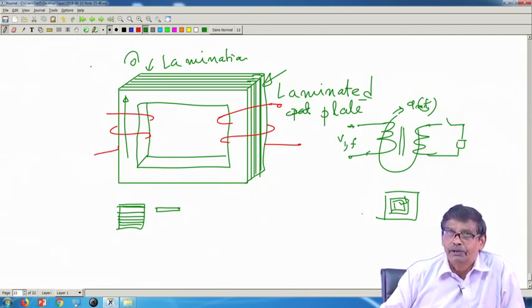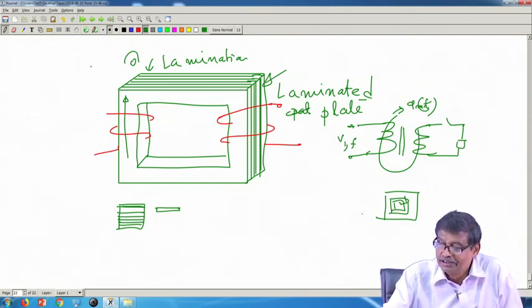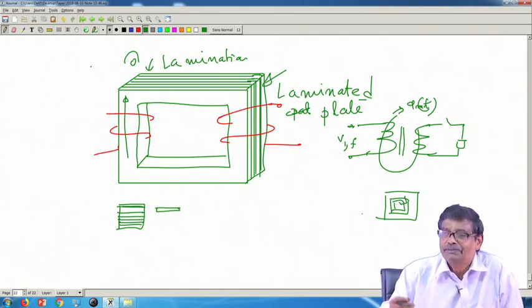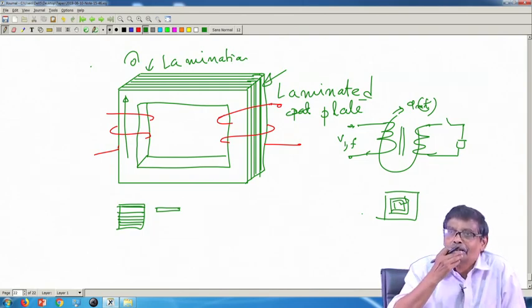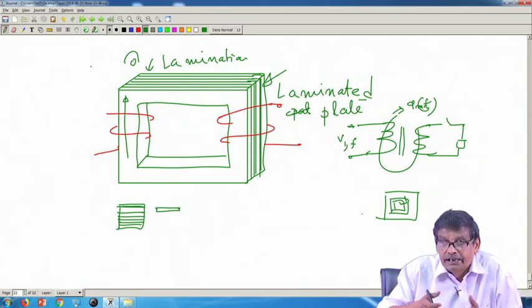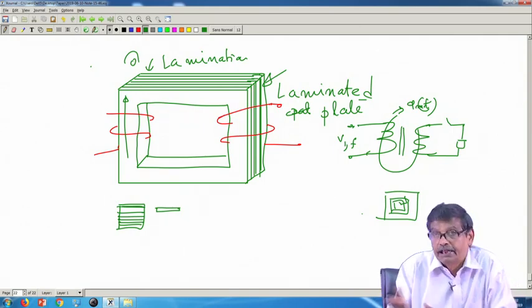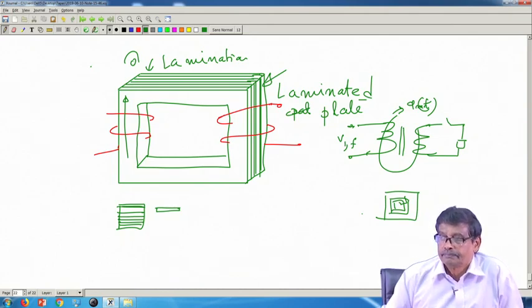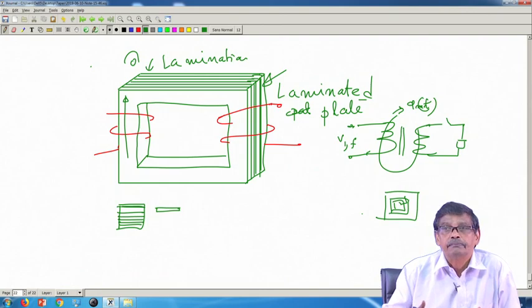Okay, that is what I am trying to tell. Even with this switch open, it looks as if there is a secondary coil existing within the iron core, the circuit is closed, and they are carrying secondary current. But flux has to remain the same.